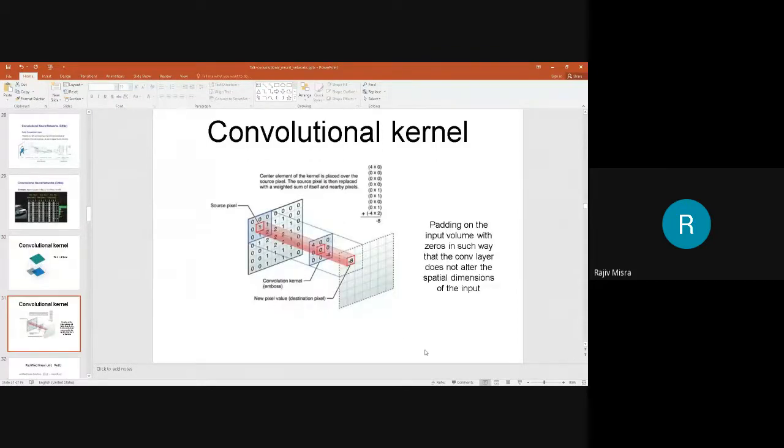As far as this convolution kernel is concerned, the example shown here is a 3 by 3 kernel with values 0, 0, 0, 0, 1, 1, 1, 0, 2, which is mapped onto a kernel of 4, 0, 0, 0, 0, 0, 0, 0, -4.